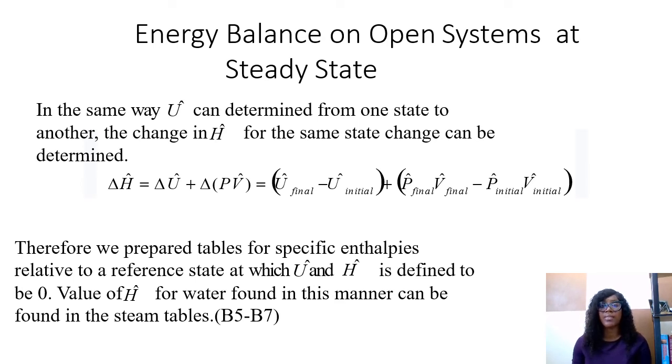So we'll be looking at that file when we're going through learning to read steam tables and learning to do calculations for internal energy as well as for enthalpy. So when we're looking at the balance on the open system, it deals with our enthalpy as well as our internal energy and our change in pressure and volume.